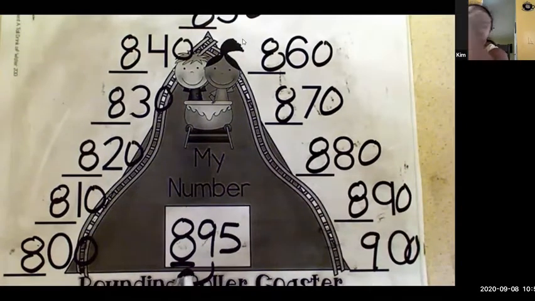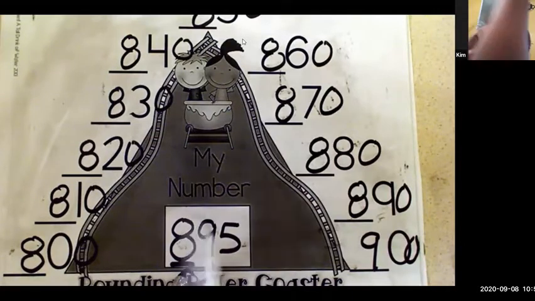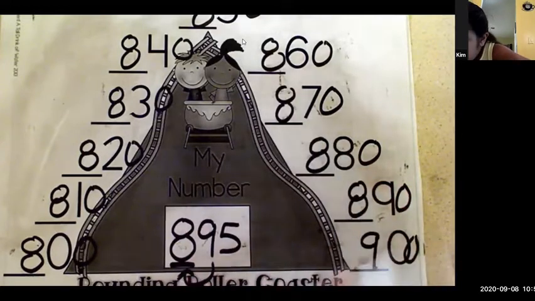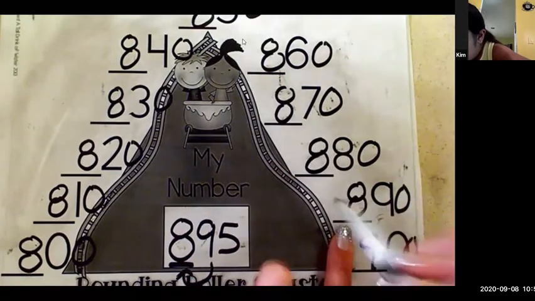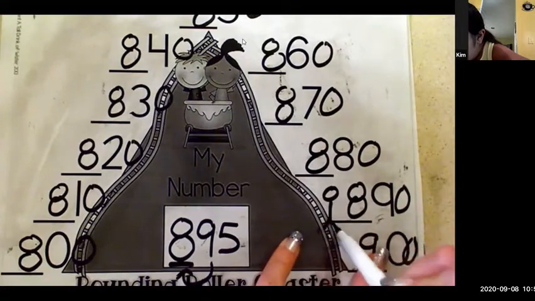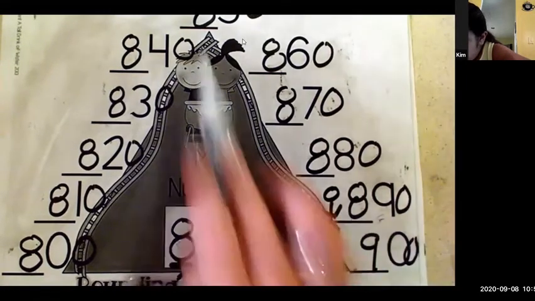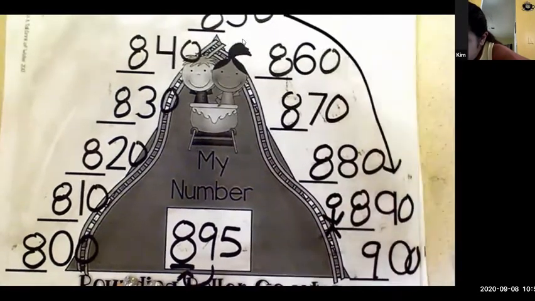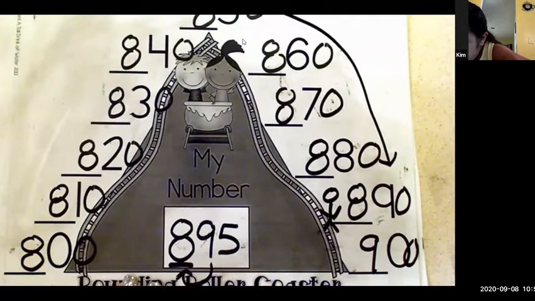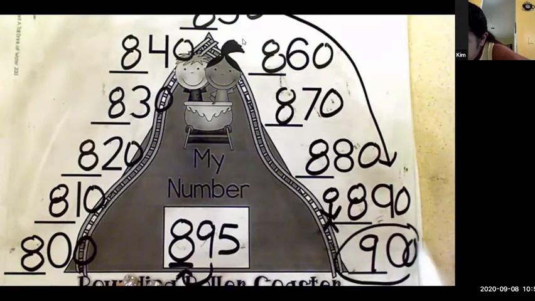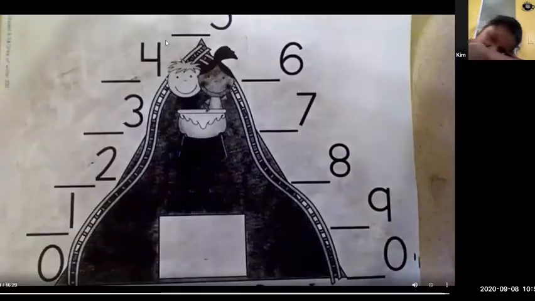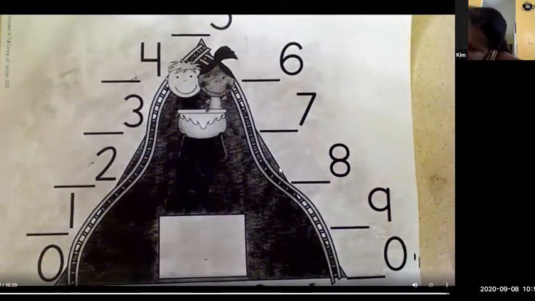I am going to look for my hundreds and tens place to be between my benchmark numbers. 890. This is where 895 would be. So I look at my midpoint. 895 comes after my midpoint, which means I would round up or forward to the greater benchmark number of 900. This is how you use the rounding roller coaster to round 2- and 3-digit numbers to the nearest 10 and 100.